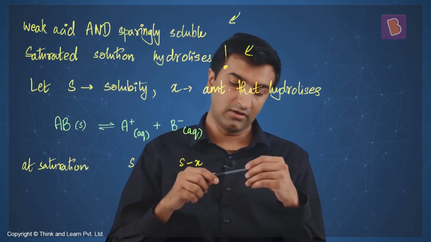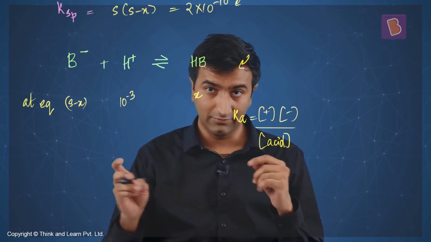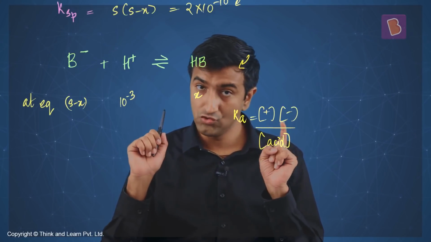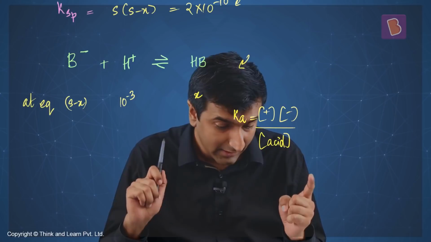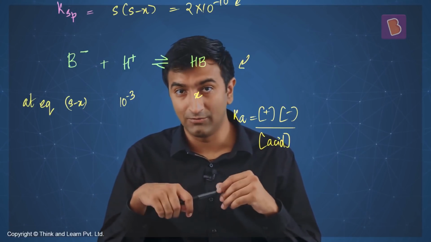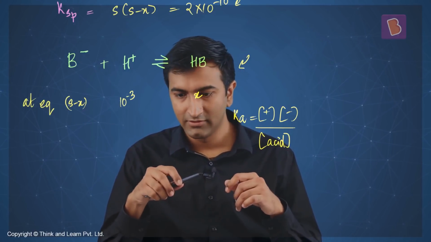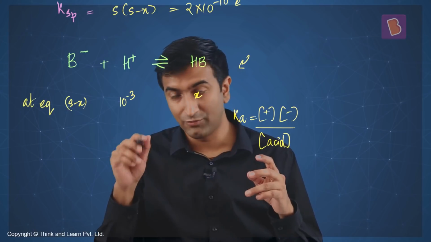So a couple of steps. Most important thing to realize is that two things happen here. First is the solubility: a sparingly soluble salt is put into water, so it forms an equilibrium. You can figure out its value by KSP. Usually this is the idea of a salt, but this is an acid, right? So the hydrolysis idea also comes into the picture. Usually you react it with water and you get something, but here, since it's an acidic medium, that's why I put only H plus over there.